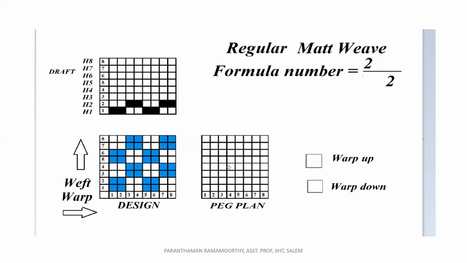Then lifting plan. The first two ends are having the same lifting and they are drawn to the first heald frame. So the first two picks, the first heald frame is lifted up, and fifth and sixth picks also the first heald frame is lifted up here.